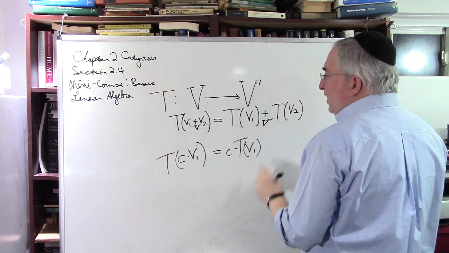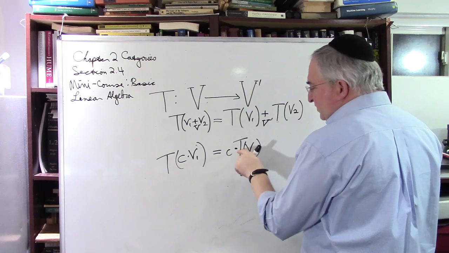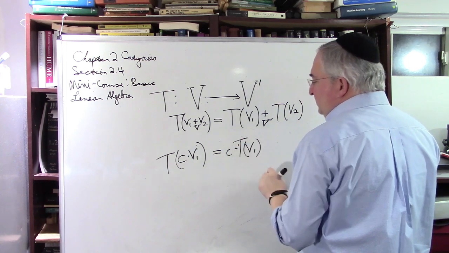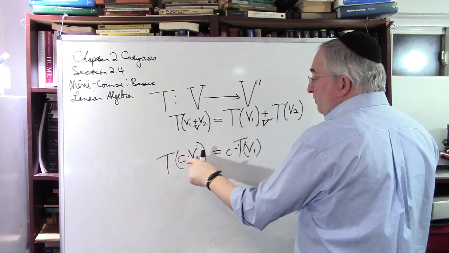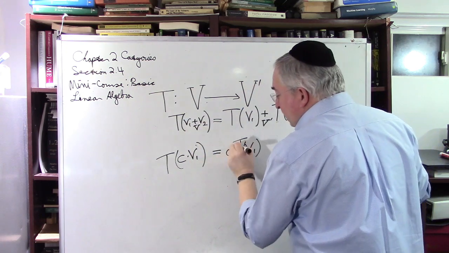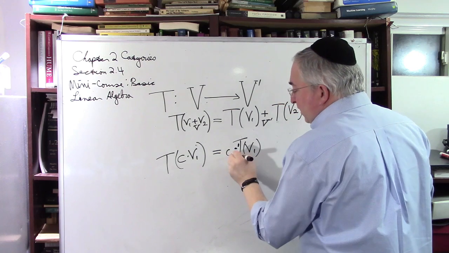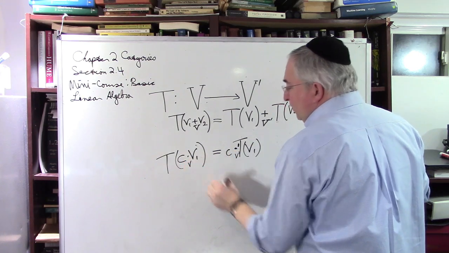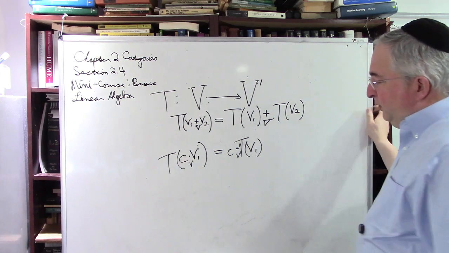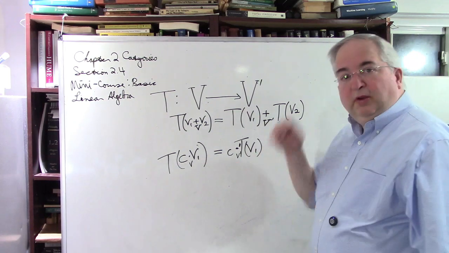This dot is the scalar multiplication in V prime, and this is the scalar multiplication in V. So we want this to preserve.